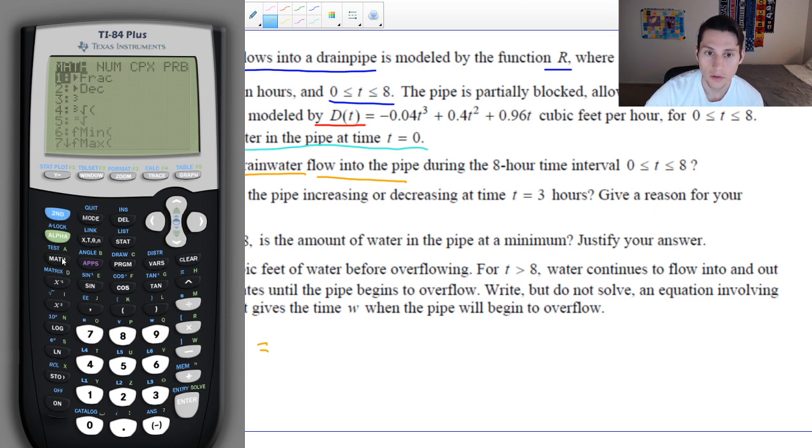I don't need to graph it. We'll do math 9 to integrate, 0 to 8, Y1 dx.